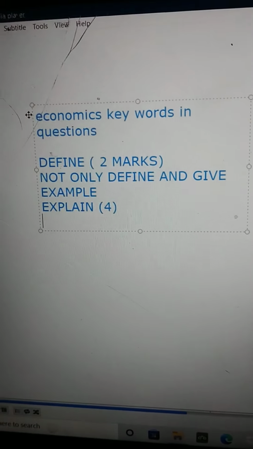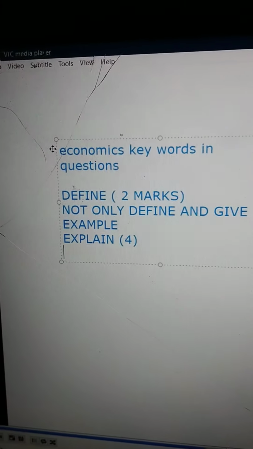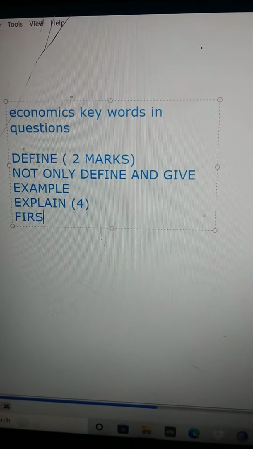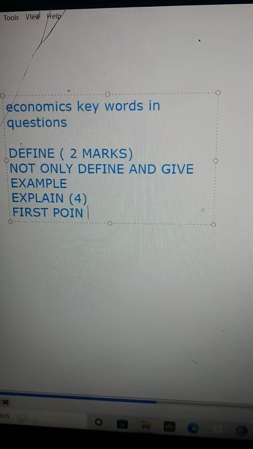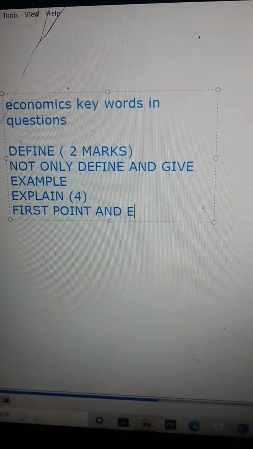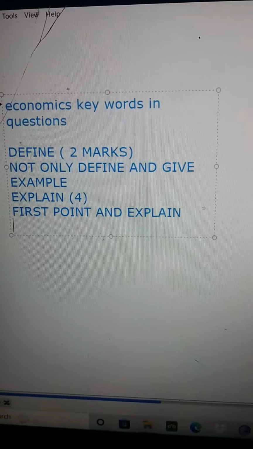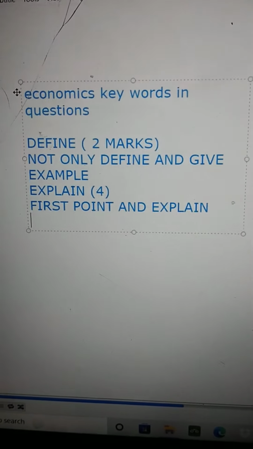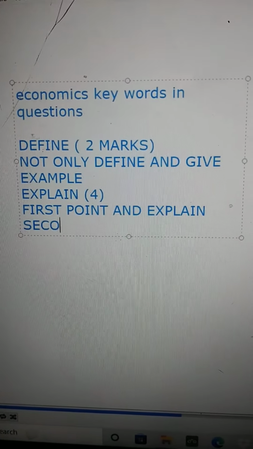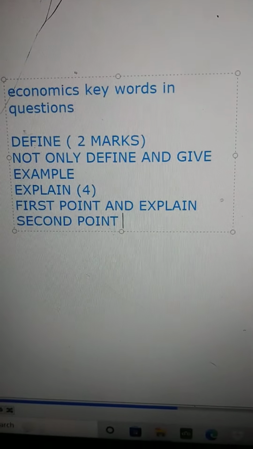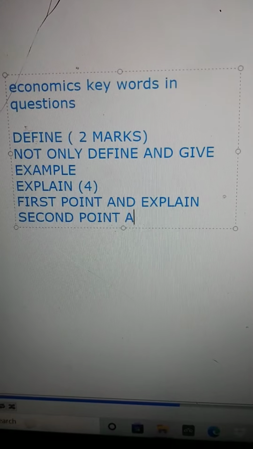In the first paragraph, identify the first point and explain it. Then in the second paragraph, you will write down the second point, a reason or cause or whatever it is, and then explain.